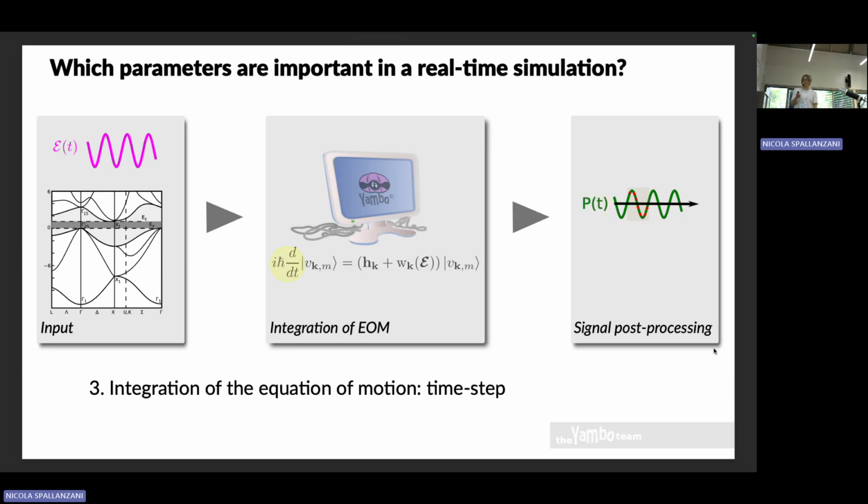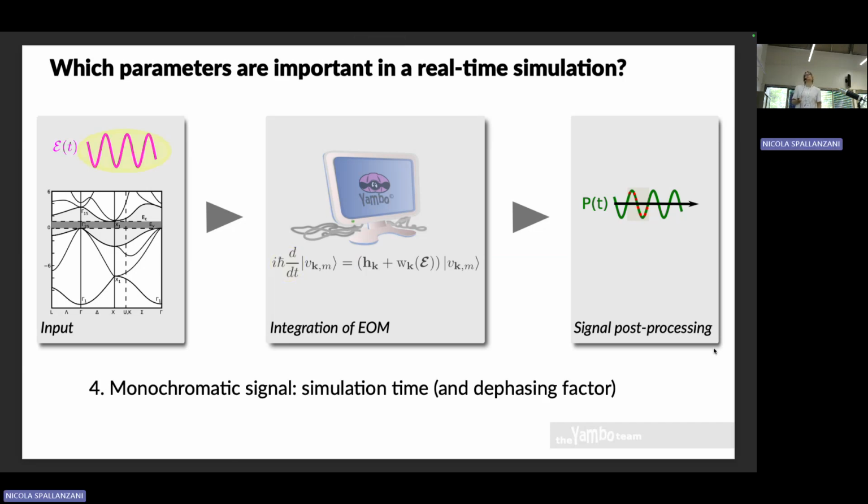Then, of course, you have to integrate the equation of motion numerically. Here you have to define your time step. It is usually defined as 10 attoseconds, and it's quite good, but you have to, in principle, verify it's fine.